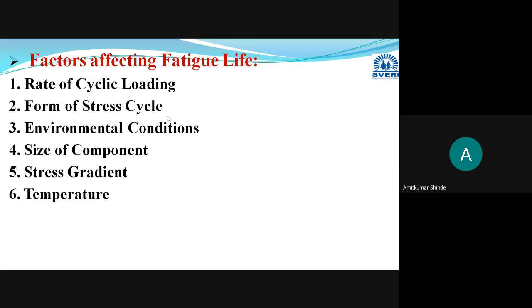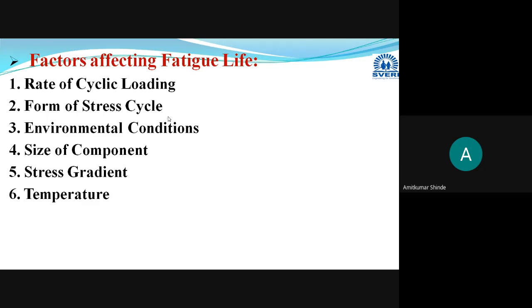Suppose you have decreased the temperature below room temperature, then the fatigue life increases. Vice versa, you can say they are inversely proportional. Whenever temperature increases, fatigue life decreases, and whenever temperature decreases, fatigue life will increase. So these are the factors affecting the fatigue life of the component.